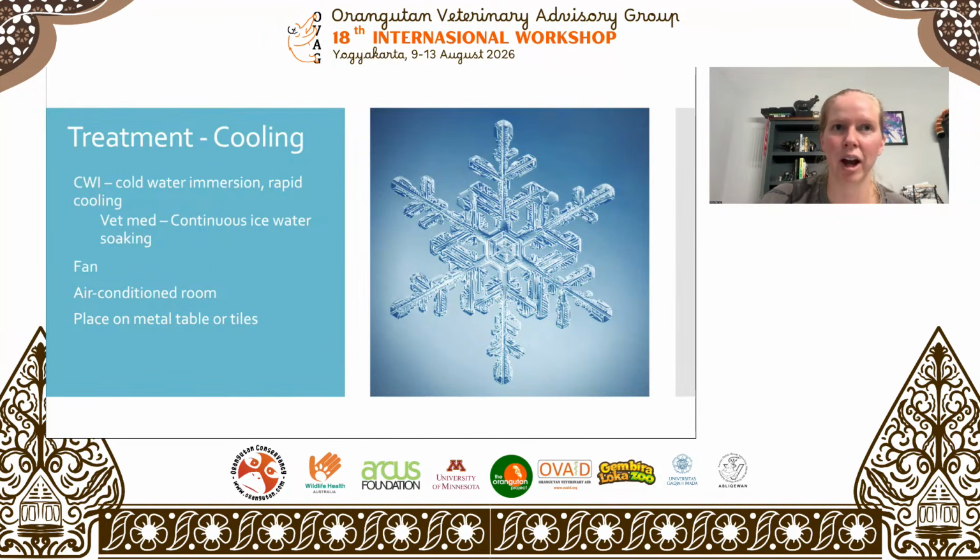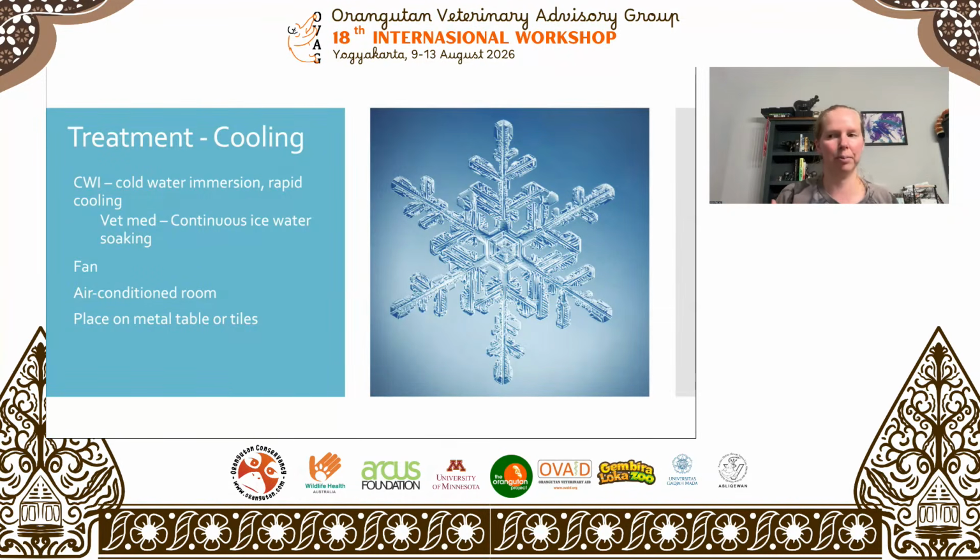If you have ice, I would definitely put water and ice together, and I would put it on the central portion of the body, the core of the body, because if we put it on the periphery, on the arms and legs, the body is really good at constricting those blood vessels and making them small, and then just shunting all the blood to the core. And then all that really hot blood is going to be in the center of the body, causing problems. So we want to put all this cool material in the core of the body.